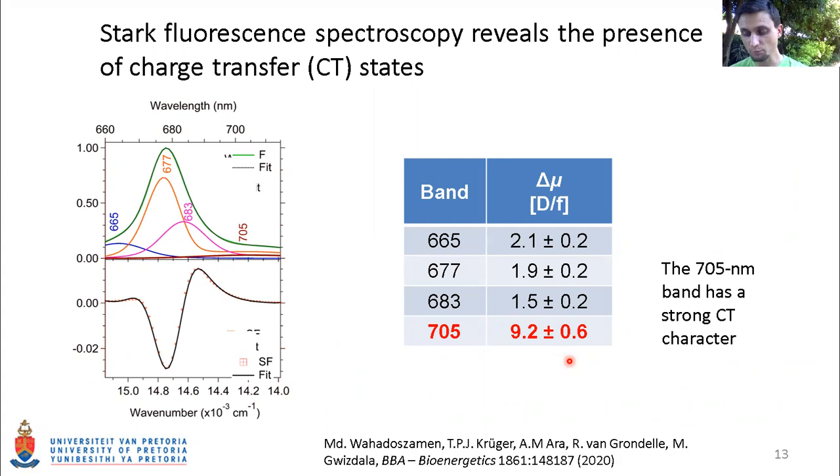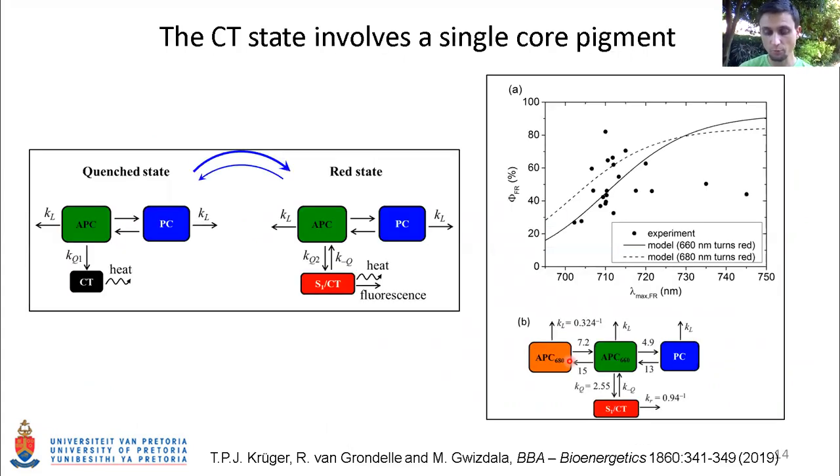Let's now consider a simple model containing three compartments, one for the rod pigments, PC, one for the core pigments, APC, and one for a single pigment in the core. When this pigment in the core has its charge transfer state accessed, the excitation energy is quenched. But when a protein conformational change allows the charge transfer state to mix into the pigment's S1 state, red emission appears.